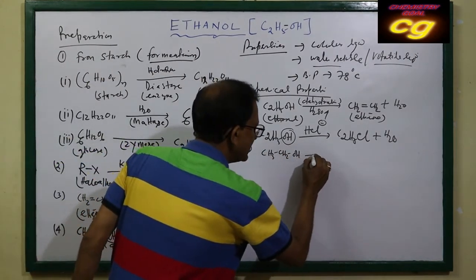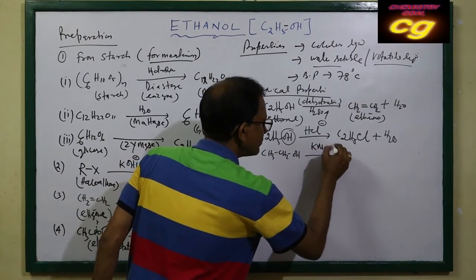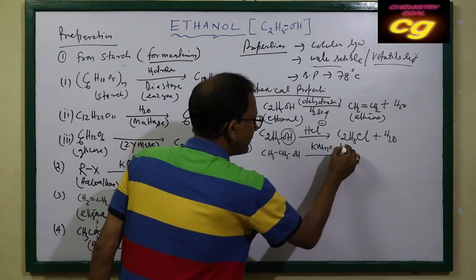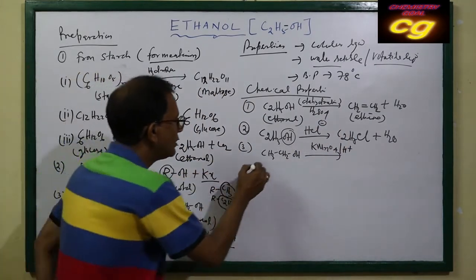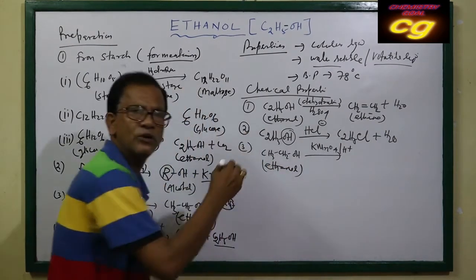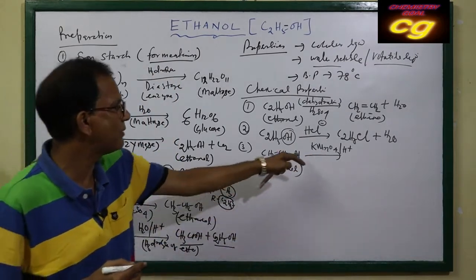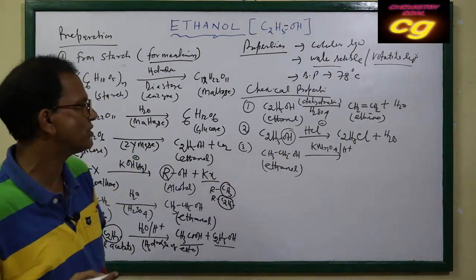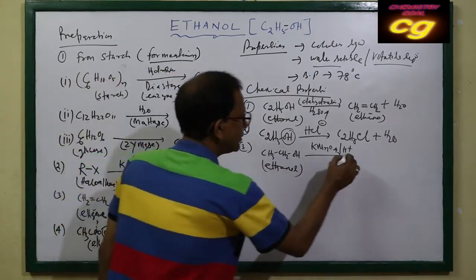When it is oxidized by KMnO4, potassium permanganate, in acidic medium, remember, this is very important. When ethanol gets oxidized by potassium permanganate in acidic medium H+, that is sulfuric acid medium, it converts to acid.